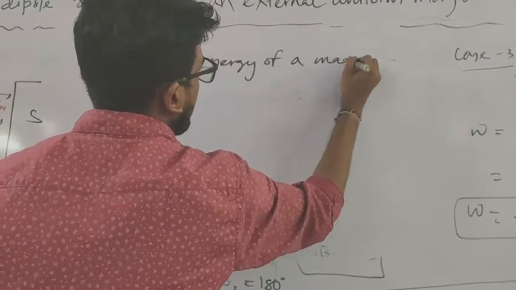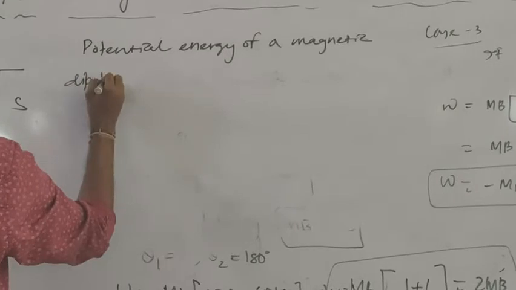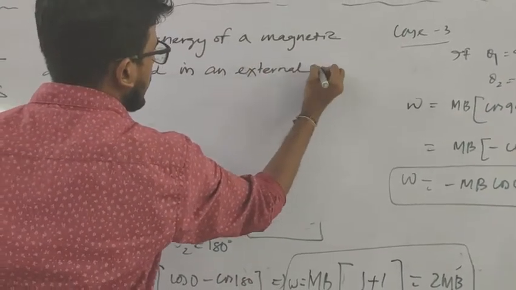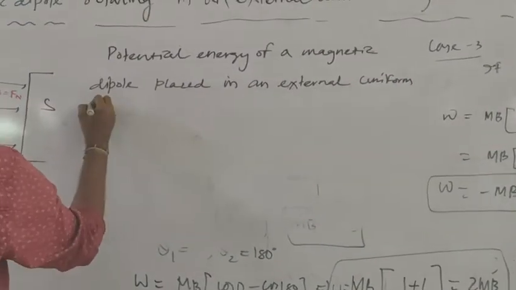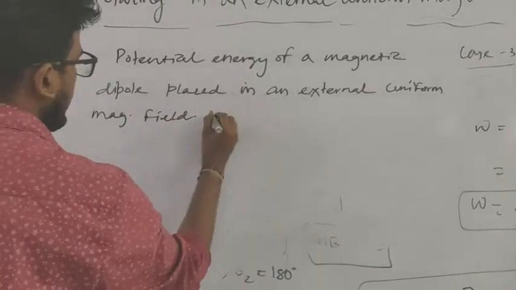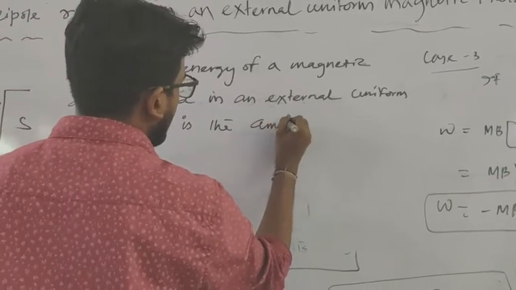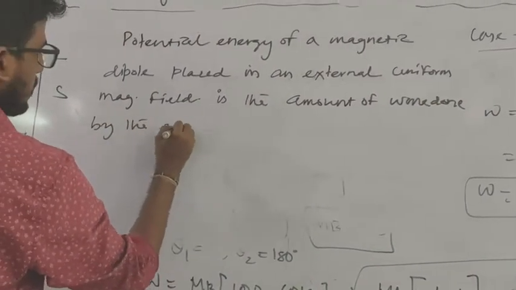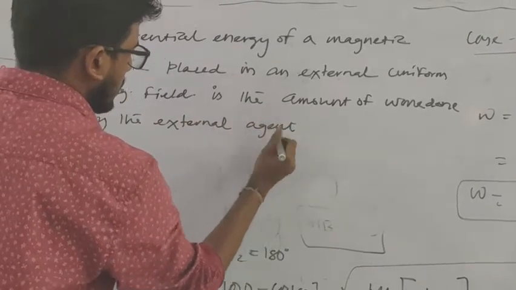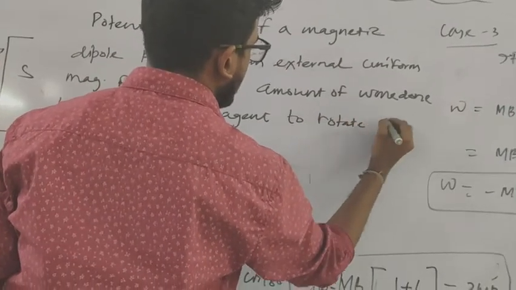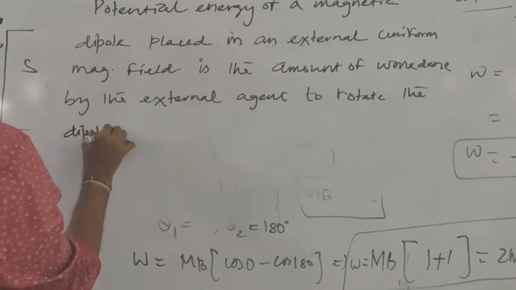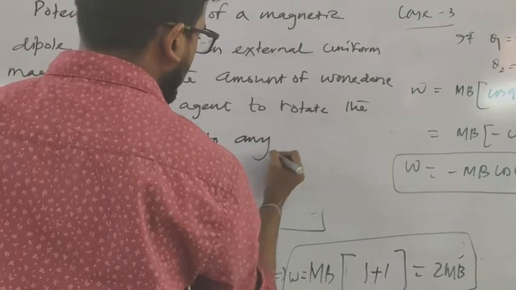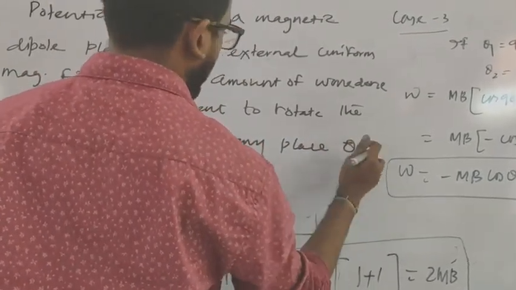of a magnetic dipole placed in an external uniform magnetic field is the amount of work done by the external agent to rotate the dipole from theta equal to 90 degree to any angle theta.